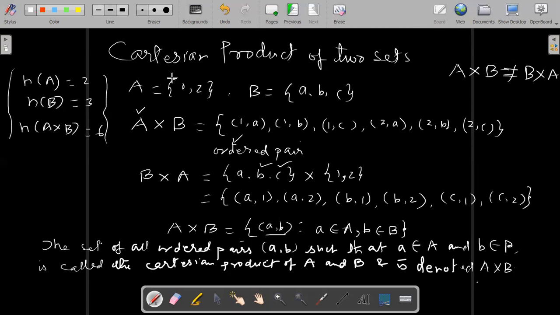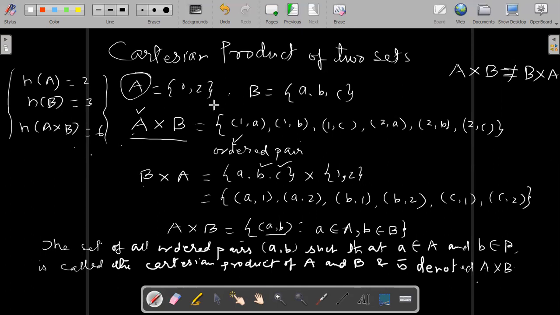If A and B are non-empty sets and either A or B is an infinite set, then A cross B will also be an infinite set. If A is infinite, then A cross B will be infinite. If B is infinite, A cross B and B cross A will be infinite.